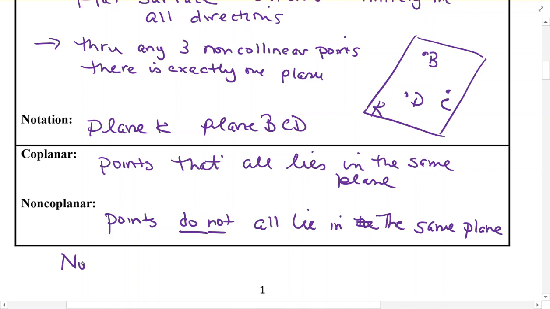One thing to note and remember is that through any line, there's an infinite number of planes.